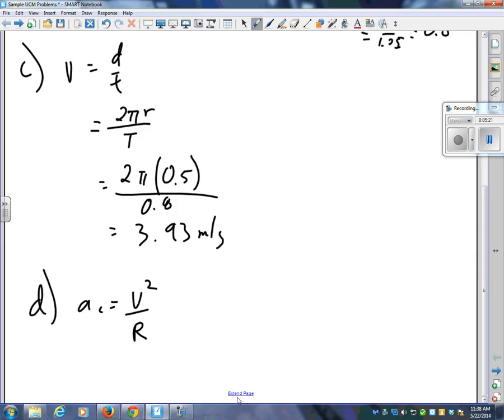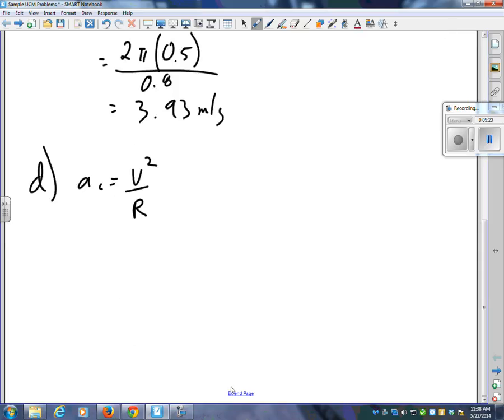So if you see me flipping to little r, I'm not doing it on purpose. There's no real difference. Big T stands for period, little t is just sort of generic time, but as far as I know, there's no big deal with little r and big R. So I've got 3.93 squared all over 0.5.